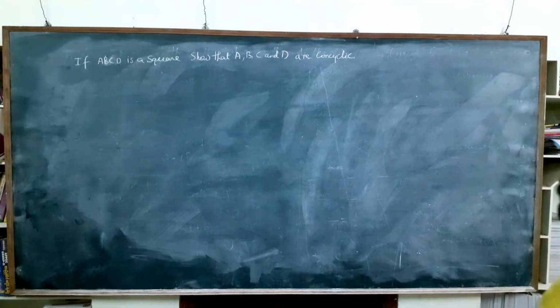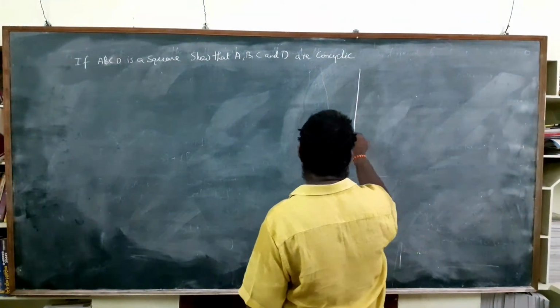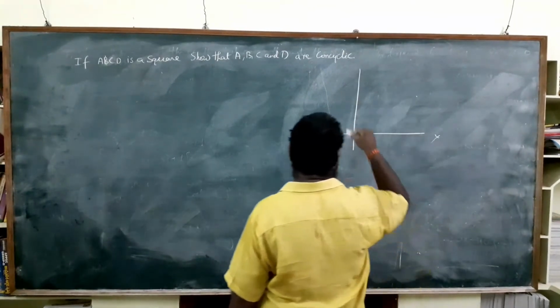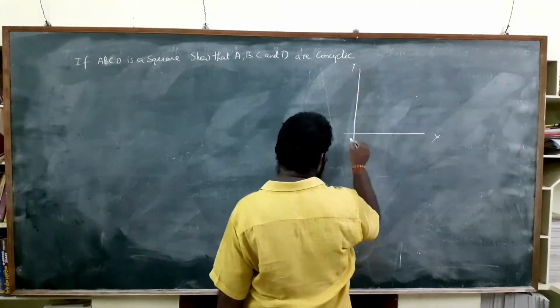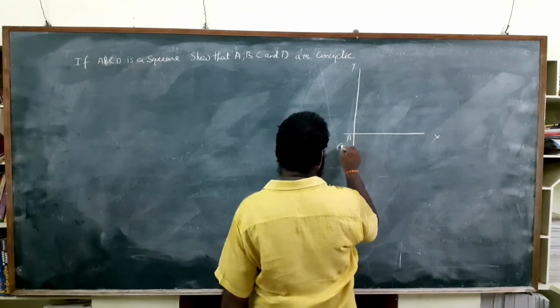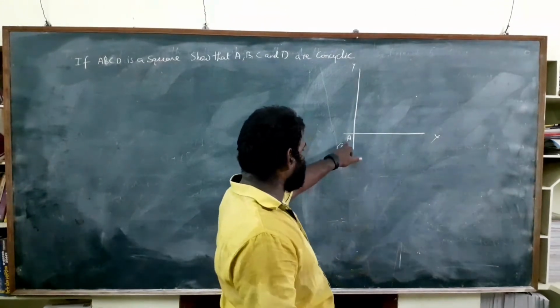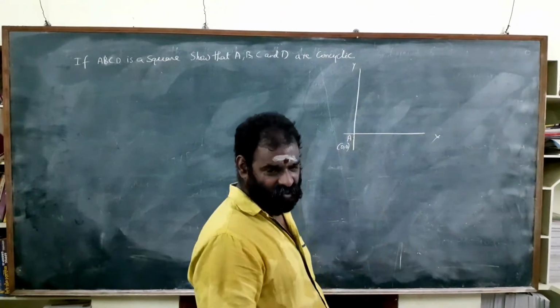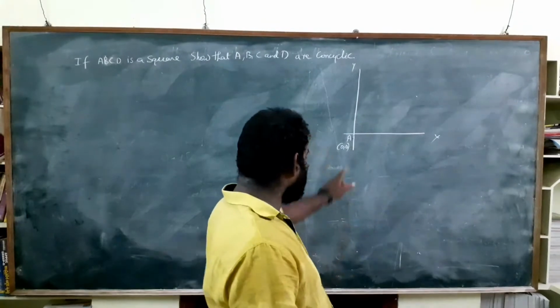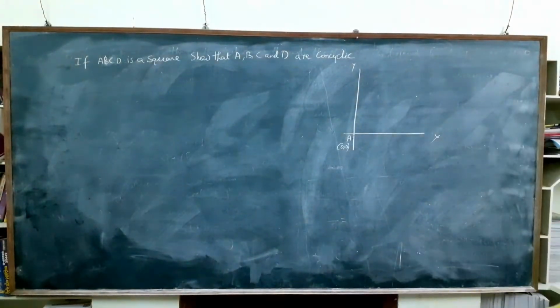Okay. So for example, you have to observe this one. Suppose this is x-axis, this is y-axis, this is origin. So this origin will be taken as A 0, 0. You take like this. You denote this origin with A 0, 0 according to the problem. So we take our convenience, the points as per our convenience.